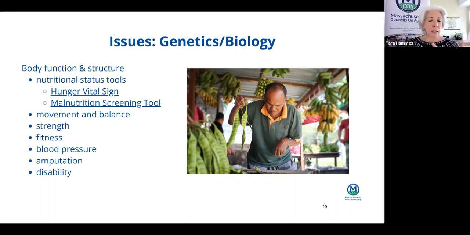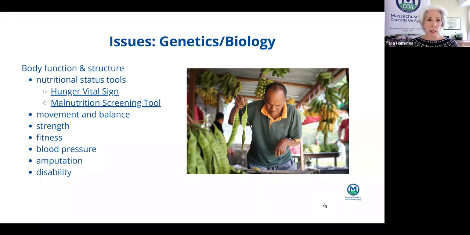The hunger vital sign is 2 questions, and the malnutrition screening tool is also 2 questions. And these 2 tools are validated. And so you can actually get a very reliable idea of where someone falls on the spectrum of having hunger or being malnourished or at risk for malnutrition.